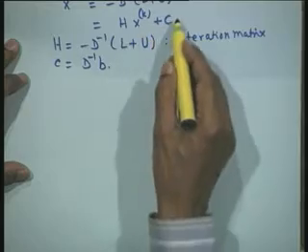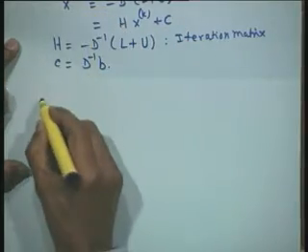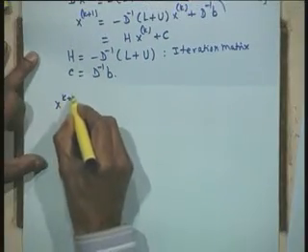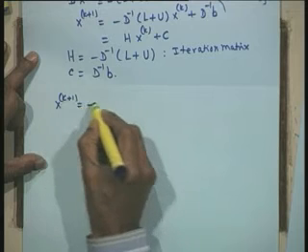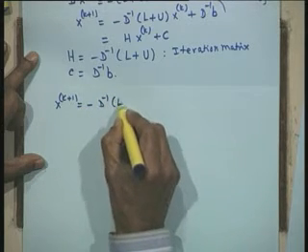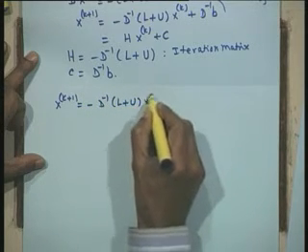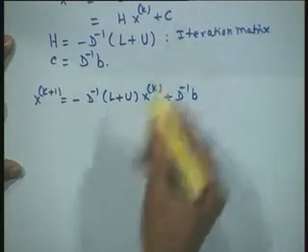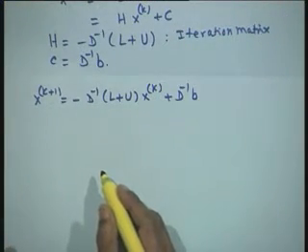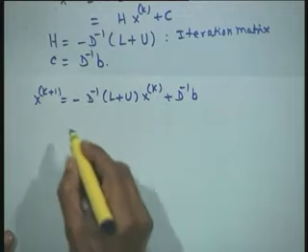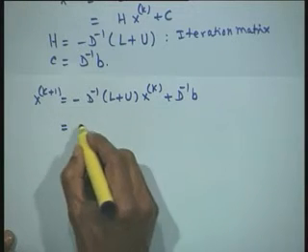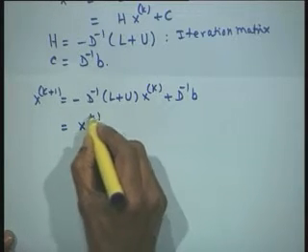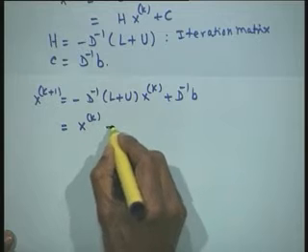Now, what we do is we just make a simple manipulation from this procedure. Let us start with x k plus 1 is equal to minus D inverse (L plus U) x k plus D inverse of b. So, I am starting with the method that is given over here. What I do here is I add and subtract x k.